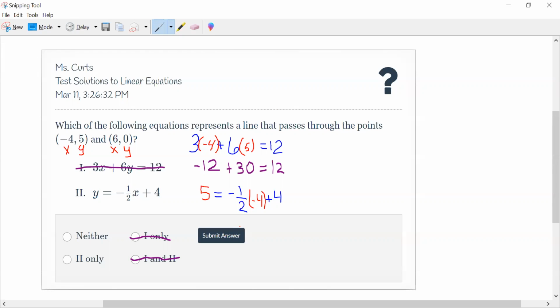So -1/2 times -4, we've got 5 equals -1/2 times -4. Negative times negative is a positive, and half of 4 is 2. So 2 plus 4. So 5 equals 2 plus 4. Well, no, it doesn't. 2 plus 4 is 6. So it can't be this either. So it has to be neither.